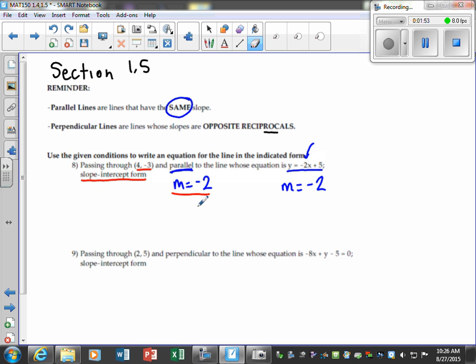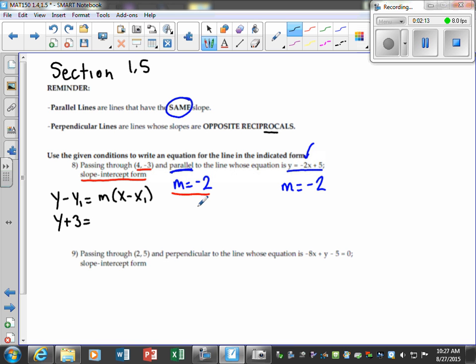So always write your formula: y minus y1 equals m times x minus x1. Okay. So y minus y1 is a -3, so it just gives us y plus 3.